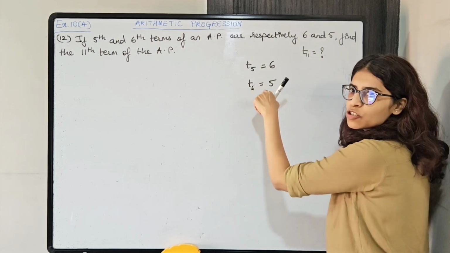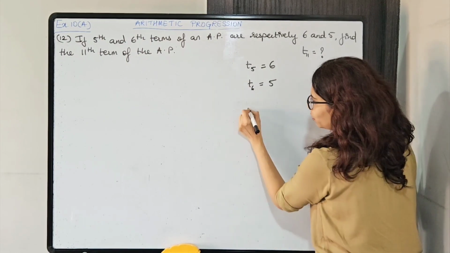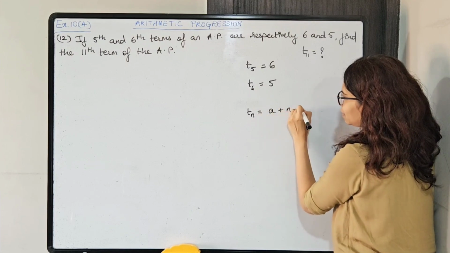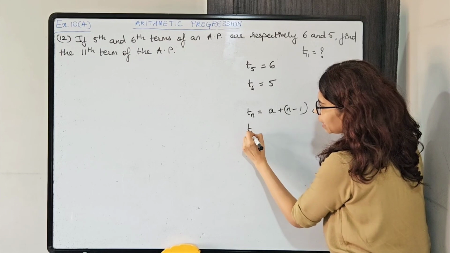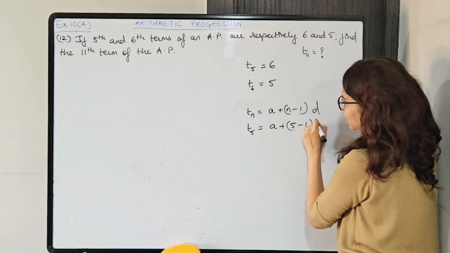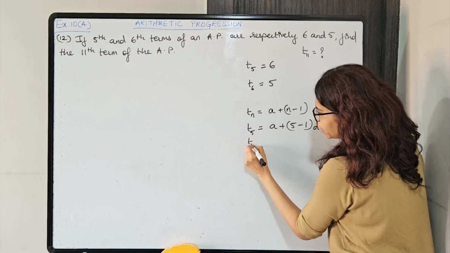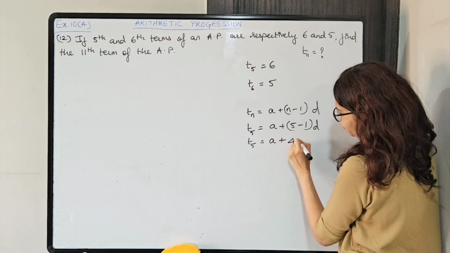Let's see what information we can get from this. T5 is given, so let's use the formula for Tn. Tn is equal to a plus (n minus 1)d. So T5 will be a plus (5 minus 1)d. We don't know a and d. So T5 is equal to a plus 5 minus 1, 4d.